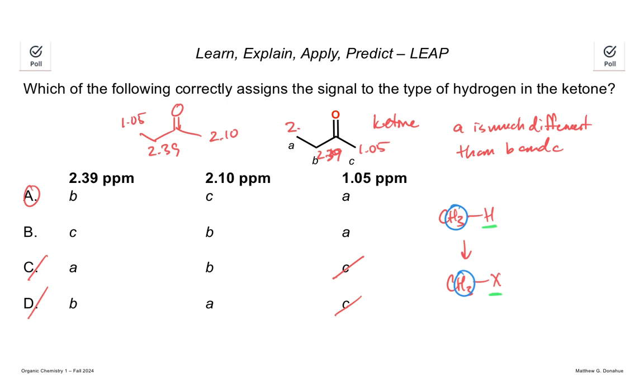For this CH3 group, you've substituted that H for CH2. Now you have these two which are bonded to the carbonyl. This one's substituted for a carbonyl. So that's going to have a greater chemical shift than a CH2.